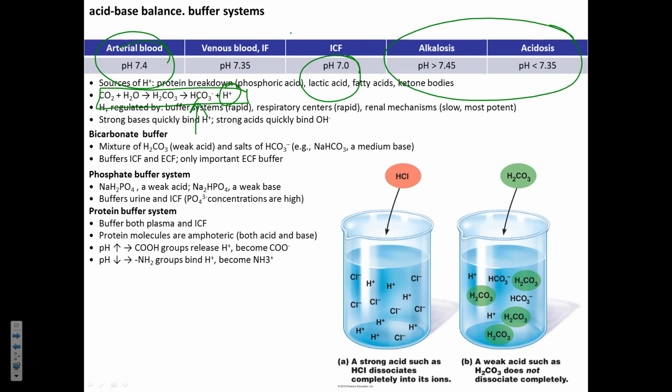If for some reason you developed alkalosis, say you decided to hyperventilate, then hydrogen ions will be produced by the breakdown of carbonic acid. Ketone bodies can contribute to acidosis. A protein diet generally makes you a little bit acidic.